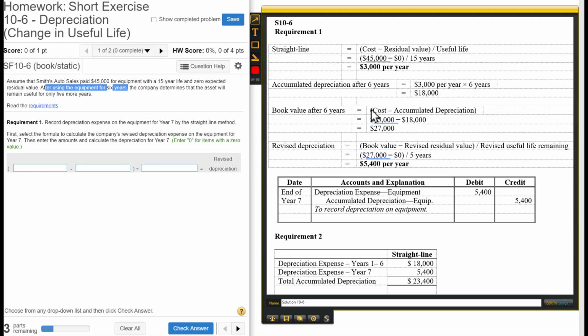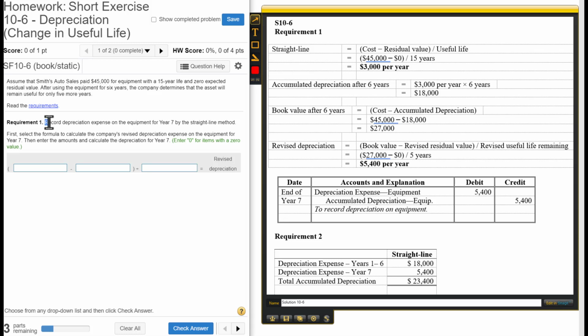So the book value after the 6 years, and we need the book value after the 6 years, is, remember, book value is cost minus accumulated depreciation. So the cost is $45,000 minus this $18,000 gives us a book value of $27,000 after 6 years. And then after 6 years we have a change in estimate for the useful life remaining.